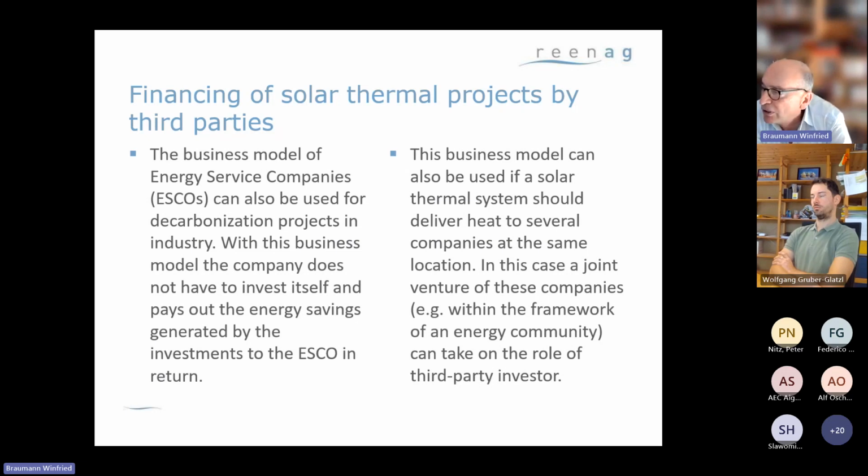This time, of course, not as an internal cash flow, but as an external payment of the company to the ESCO.